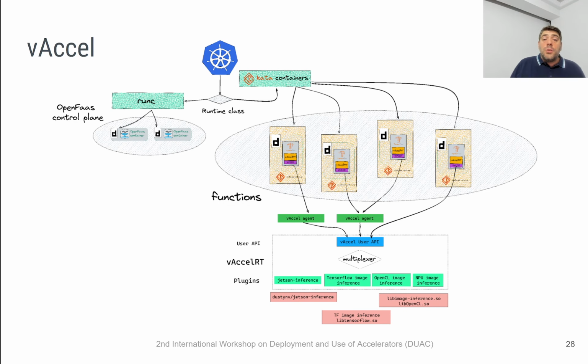To glue all these things together, we deployed an OpenFaaS serverless installation on a Kubernetes cluster using our custom container runtime of Kata that supports VAccel. So we kept the control plane on the generic container runtime, on runC, on the generic runtime class, but we added a new runtime class and a new OpenFaaS profile for functions that need to use GPUs or hardware acceleration in general.